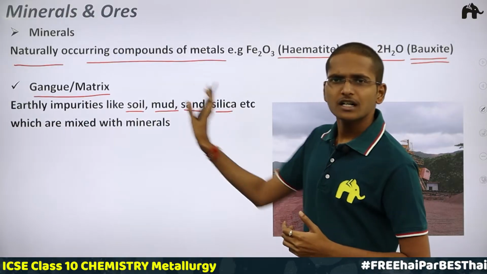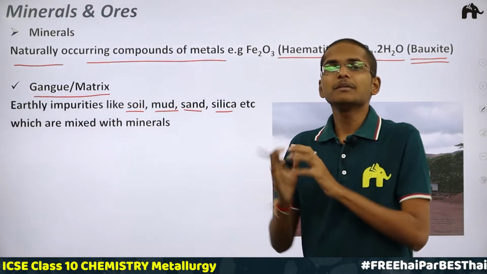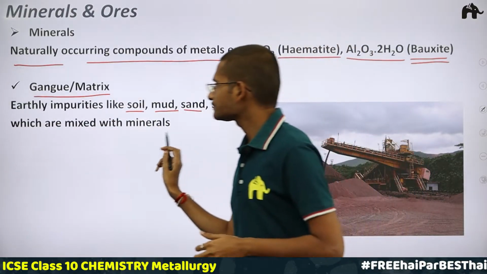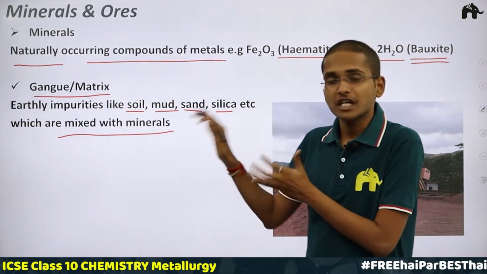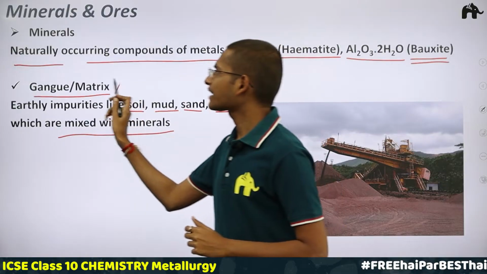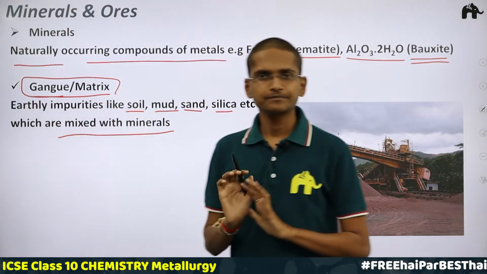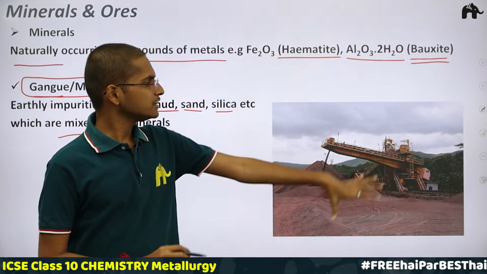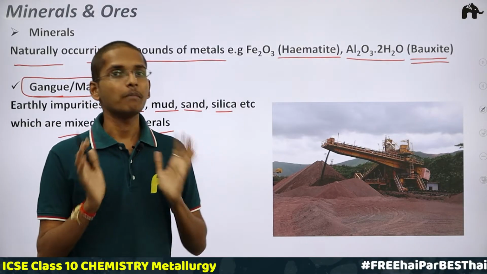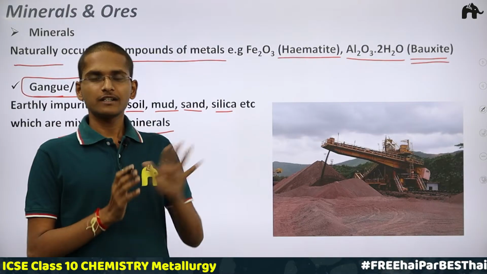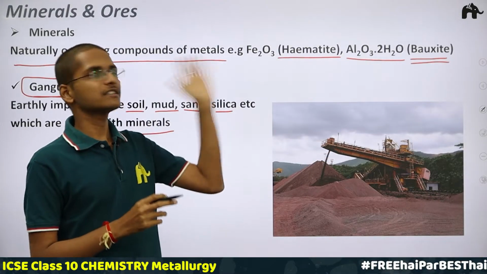These earthly impurities may be mixed with minerals. And these earthly impurities like sand, soil, silica, mud, which are mixed with minerals, are called gangue or matrix. So first, what we do is we just take out from the earth's crust the naturally occurring compounds of metals. This is our first job, and we call these minerals.